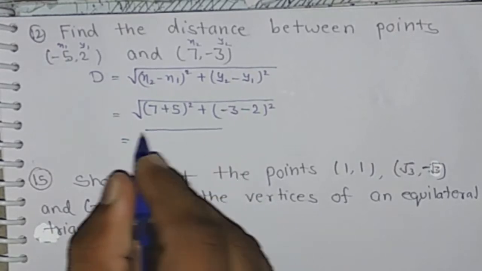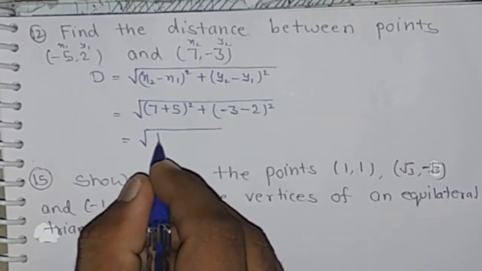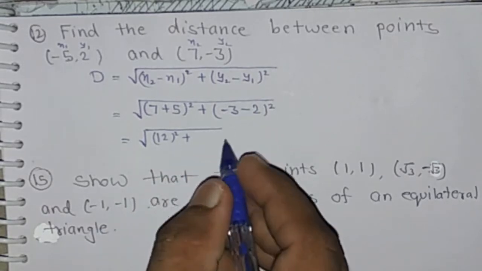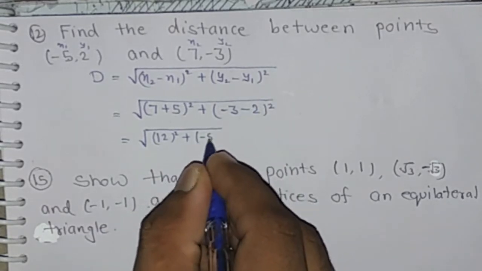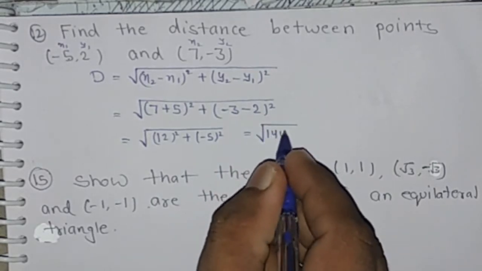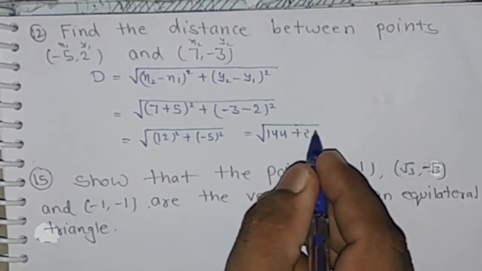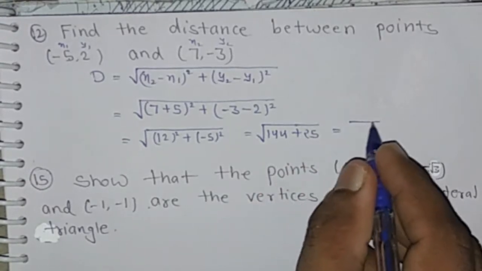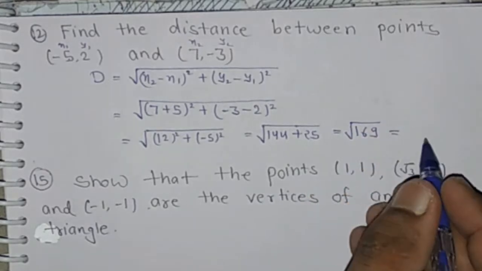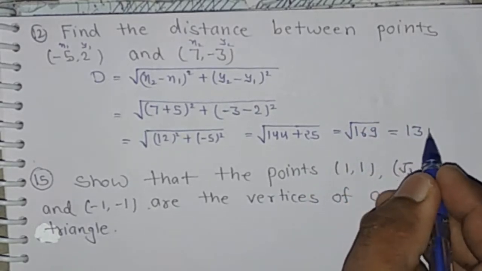Then 7 plus 5 is 12 square, plus (3 minus 2) square. We have 144 plus 25, square root of 169, and we know that the square root of 169 is 13.